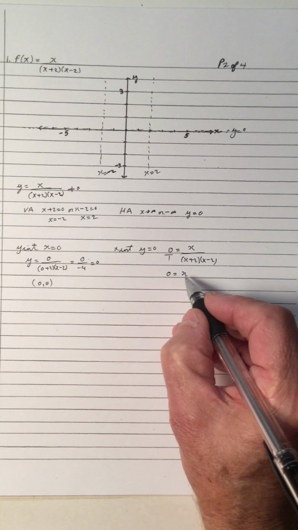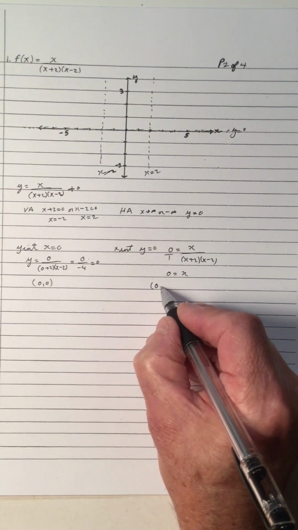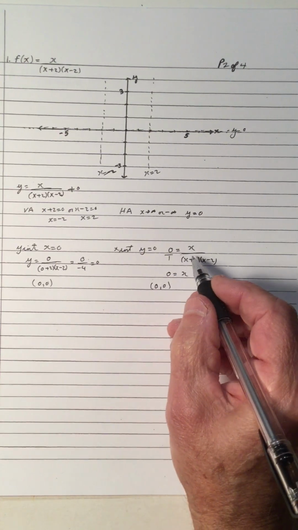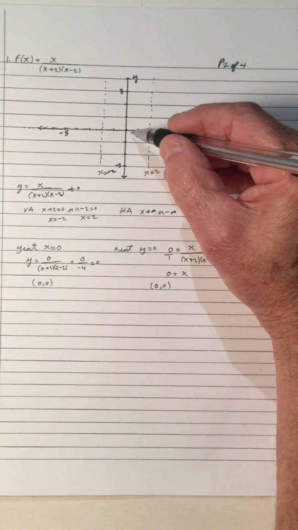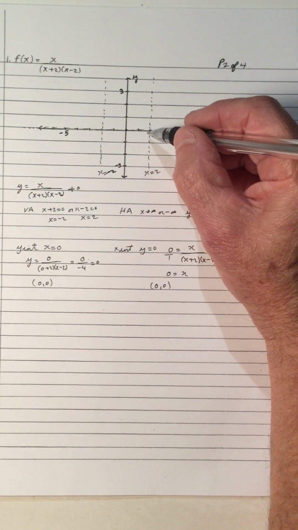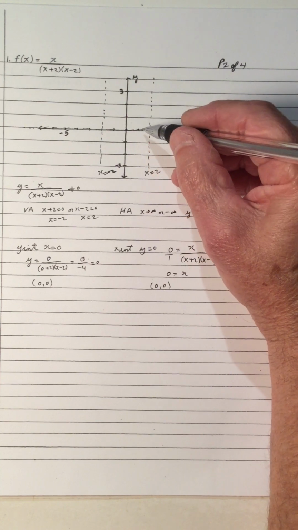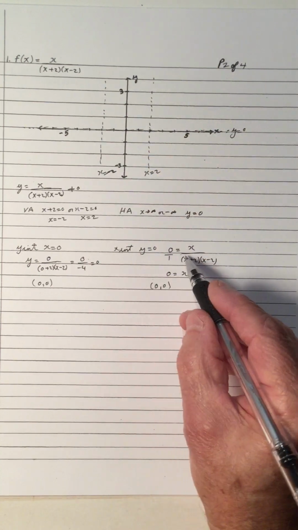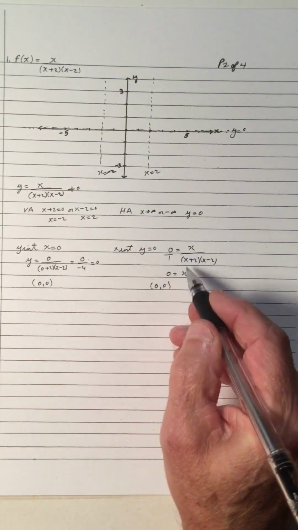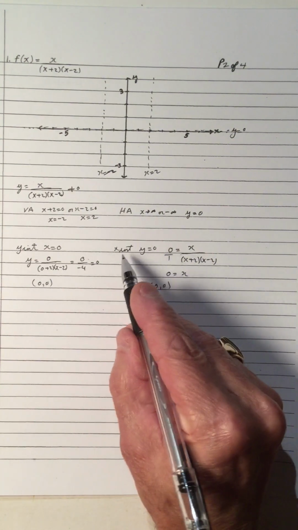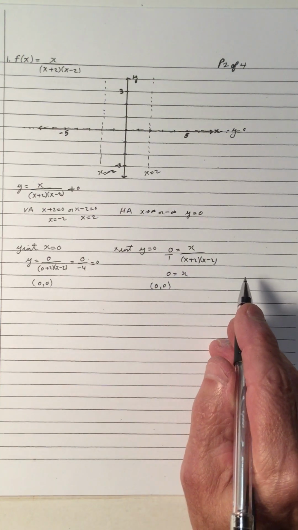So when y is 0, x is 0, and that's what we had before. You might ask why do that? Well, there could be another x-intercept or another y-intercept. So by letting x equal 0 and letting y equal 0, we check out the different x-intercepts and y-intercepts.